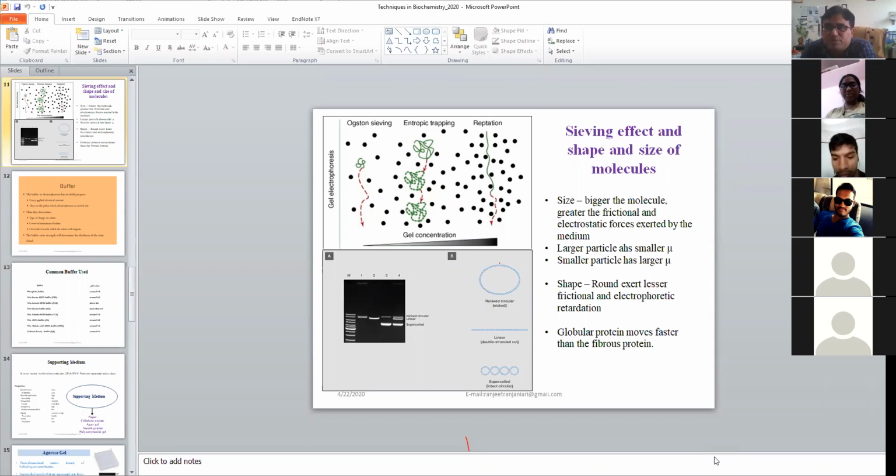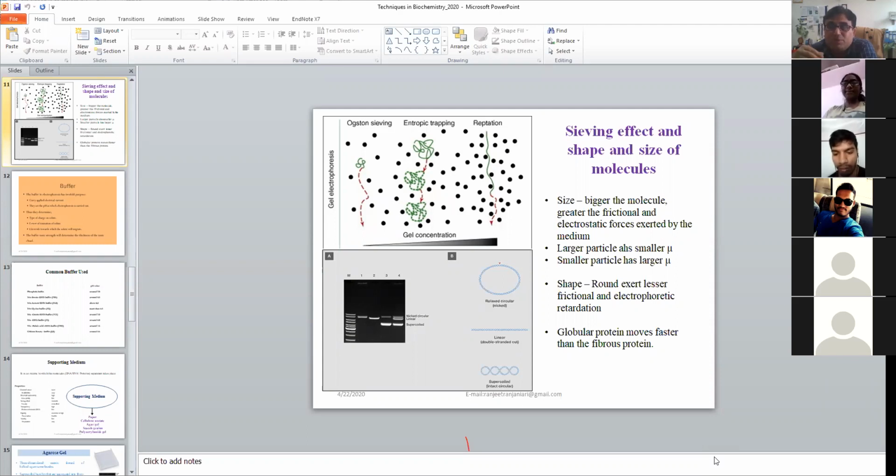Like suppose you have to separate your primer, which has 20 or 22 bases. How are you going to separate it? You have to make a high concentration of the gel. Because if you run your real-time PCR amplicon, the amplified product of real-time PCR, that is small, 100 bases.